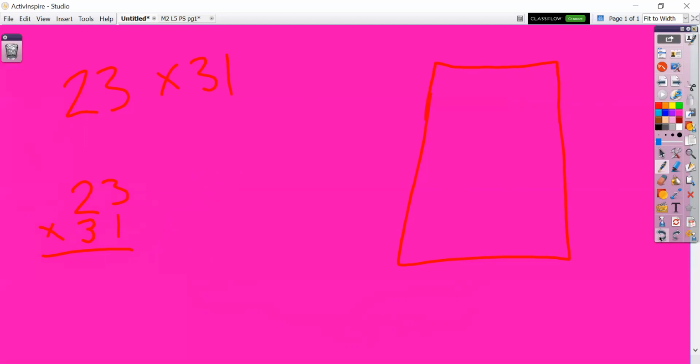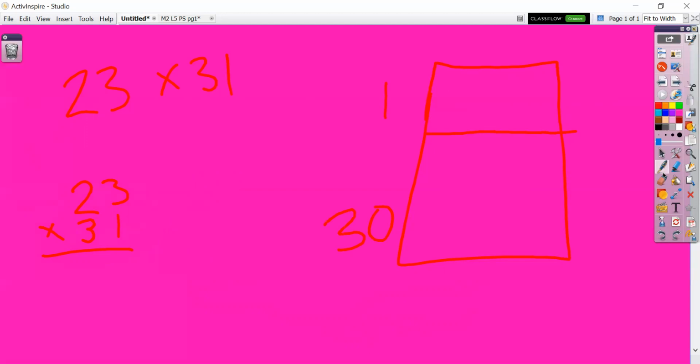I was just doing that so you could visualize it with me. So I'm going to put that 31 broken down into tens and ones over on the left-hand side of my area model. You can visually see that my tens place is larger than my ones place, which makes sense. Tens are larger than ones.